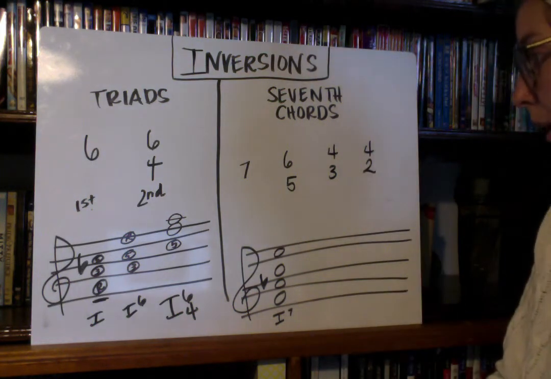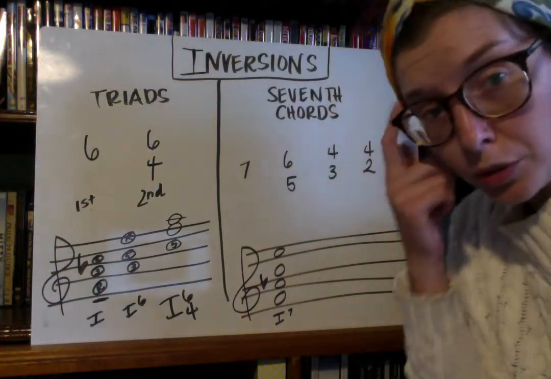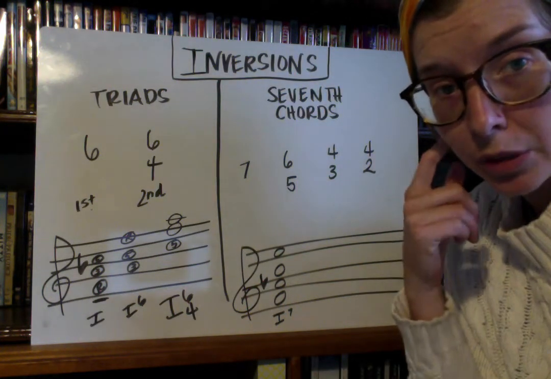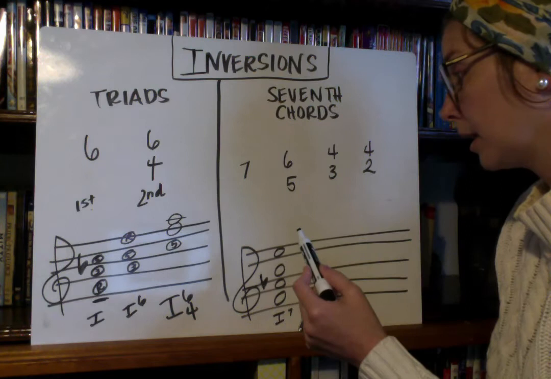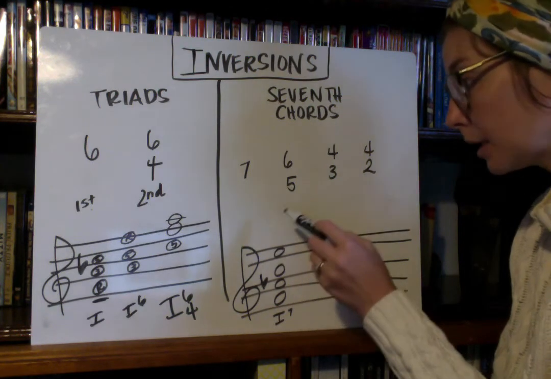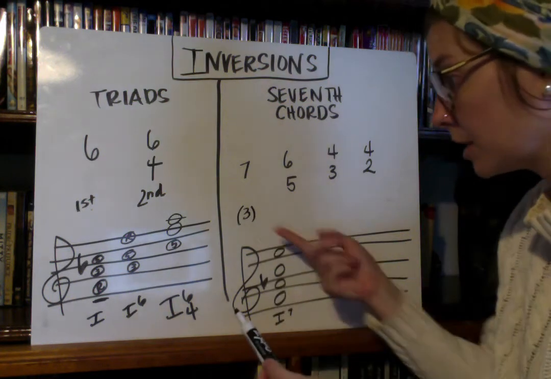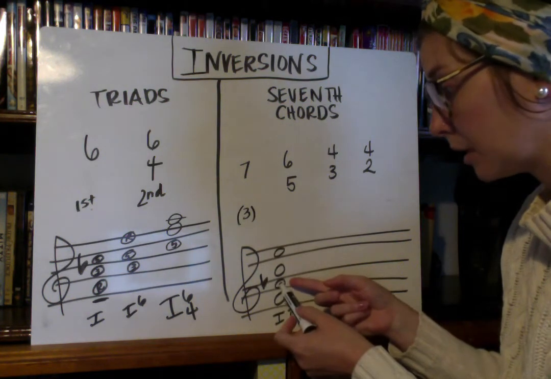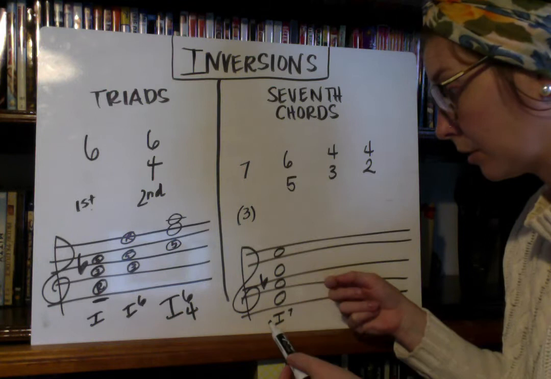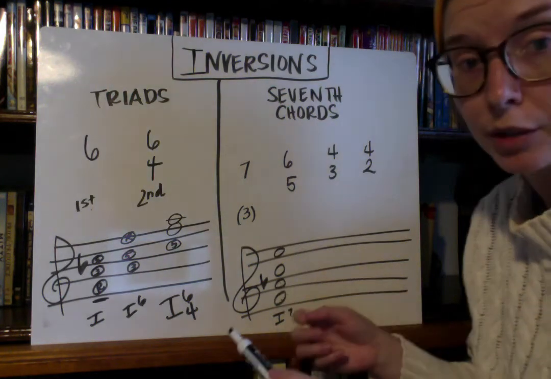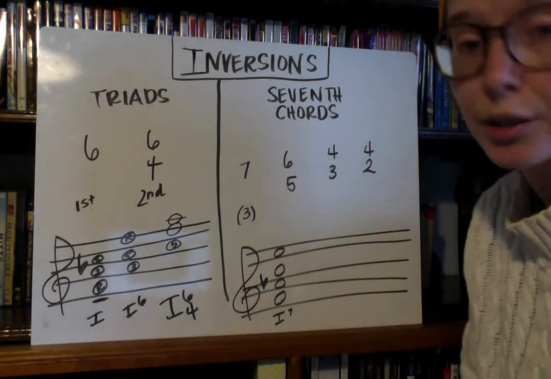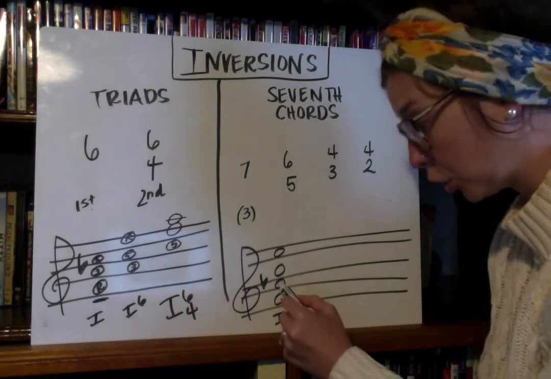Okay. An important rule to learn now and to remember is that if you don't see the 3, then it's implied, right? I don't see a 3, but obviously I have a 3 right there, okay? A third. I'm talking about an interval. I have a third right there.